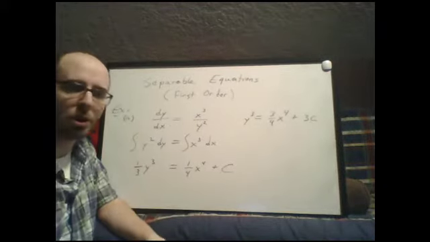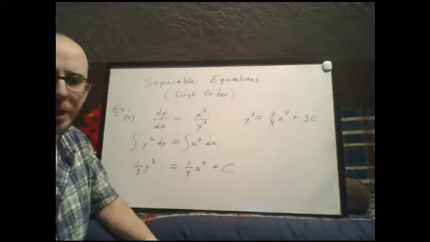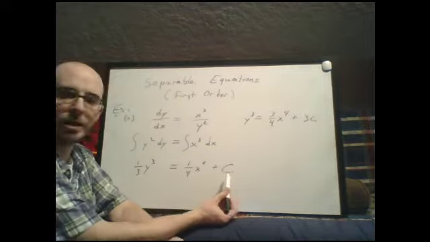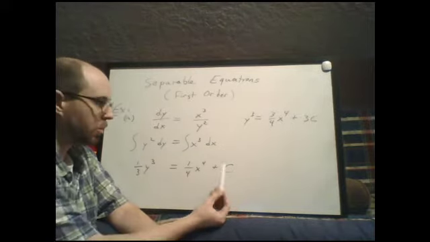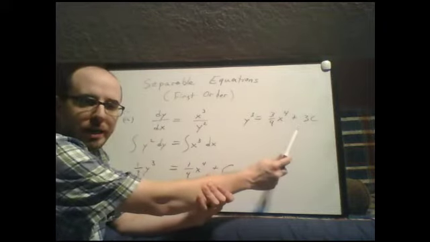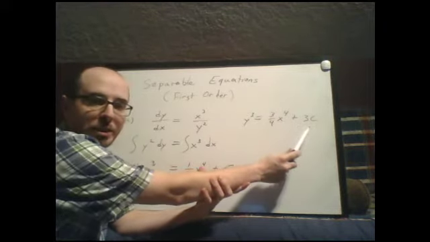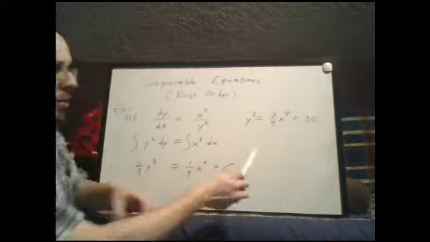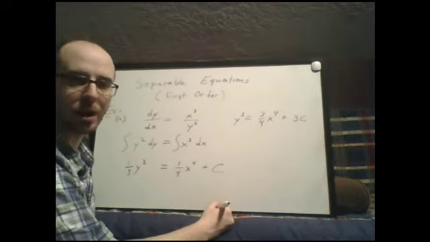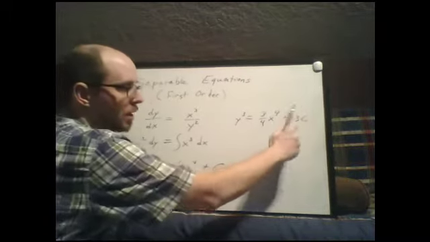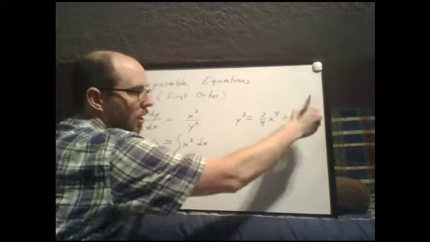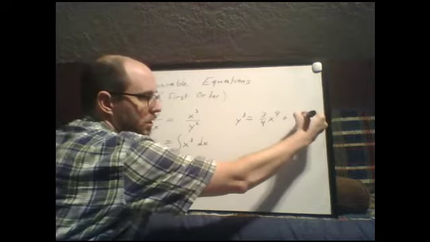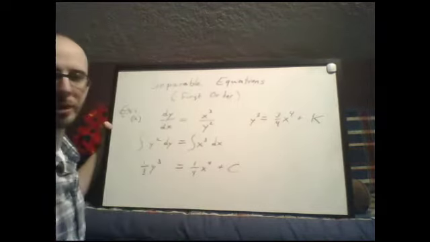Now, let's just think about this constant. C here in this equation could be any number. Well, if I multiply it by 3, this 3C could still be any number. So rather than make things look more complicated than they need to, rather than calling it 3C, let's just call it K. I'll change the letter just to distinguish it from the previous constant.